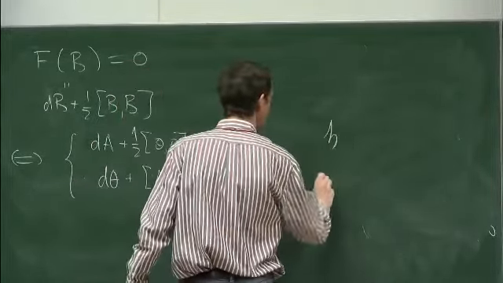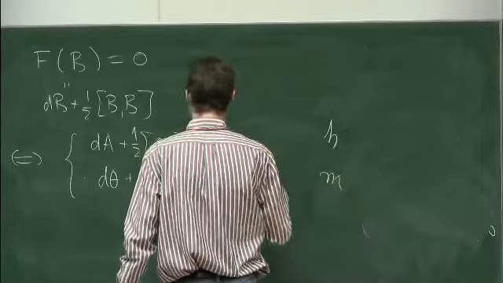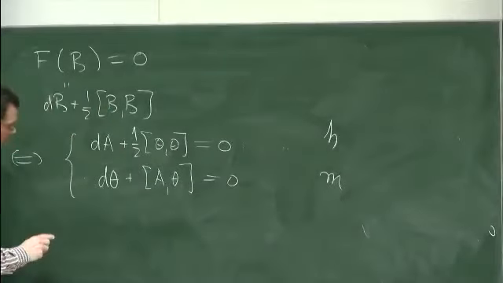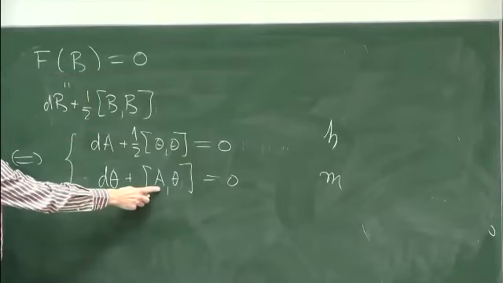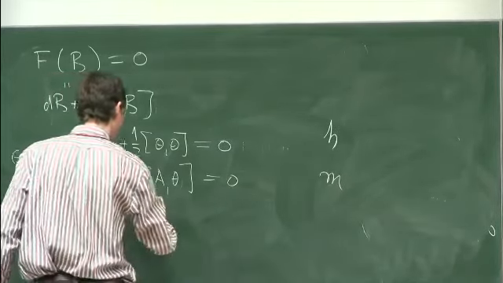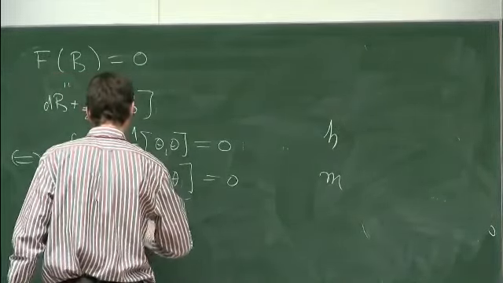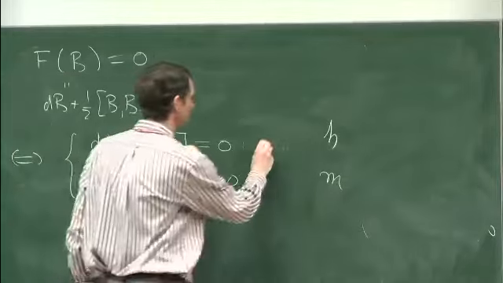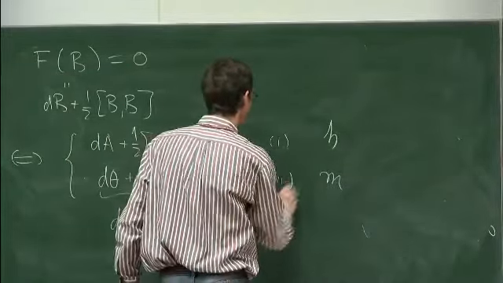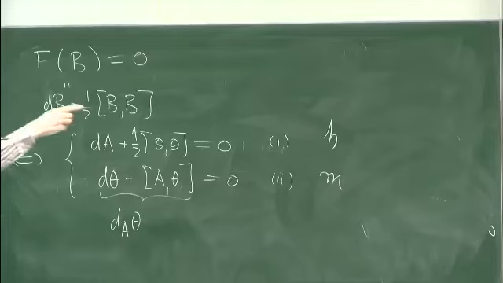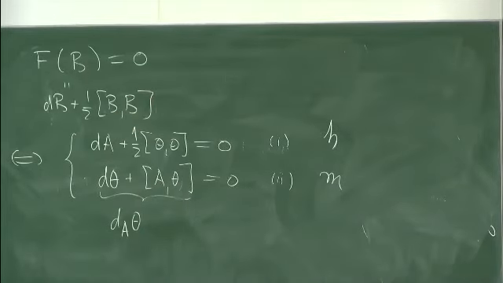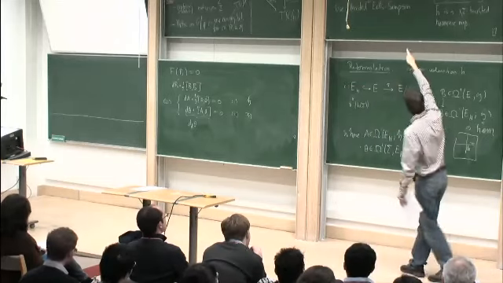This has to do with h and this has to do with m. If you know a little bit about connections, you see that this is just a covariant derivative associated to A acting on theta. So we can write this as d_A of theta. We call these two equations 1 and 2, and this was the flatness condition. Then we can also reinterpret the harmonic map condition up there.